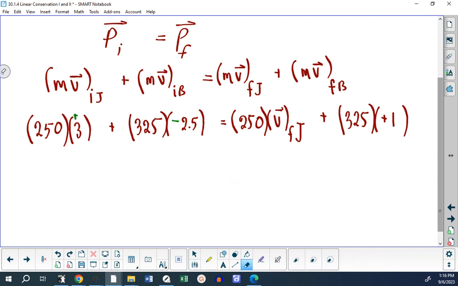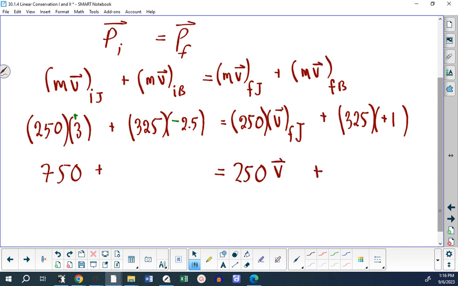I'm going to show the work. You decide how much you're going to show. This is going to be 750. I'll come back to that. This is 250V. This is 325. This will be minus 812.5.